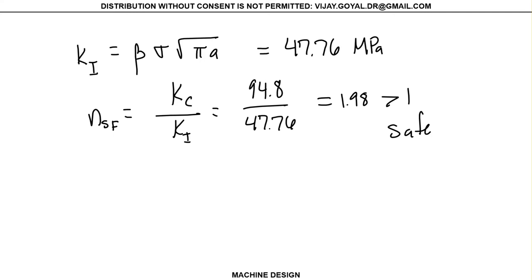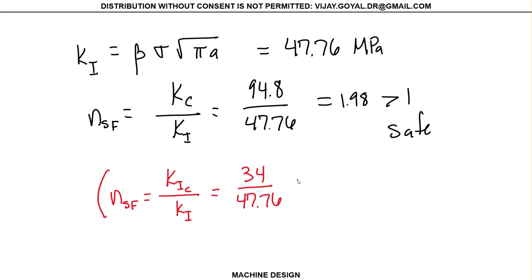Let's see what would have happened if I had used a plane strain assumption. This is plane stress, so this will be correct. However, if I had done that, you could have seen that the value you would get is 34 divided by 47.46, which gives you 0.71, less than 1, so it fails.